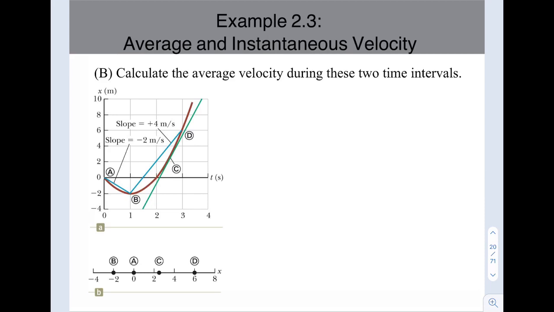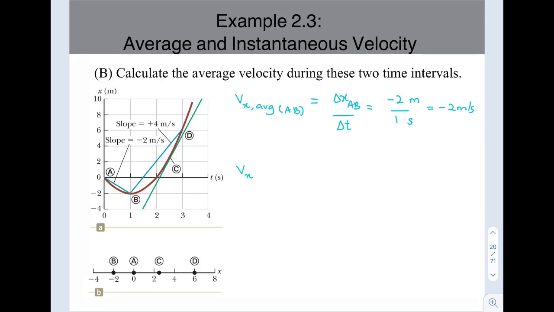V average in the x direction from A to B is equal to delta x AB over the time taken, which is the one that we calculated just now, -2 meters over 1 second. So you will get -2 meters per second.